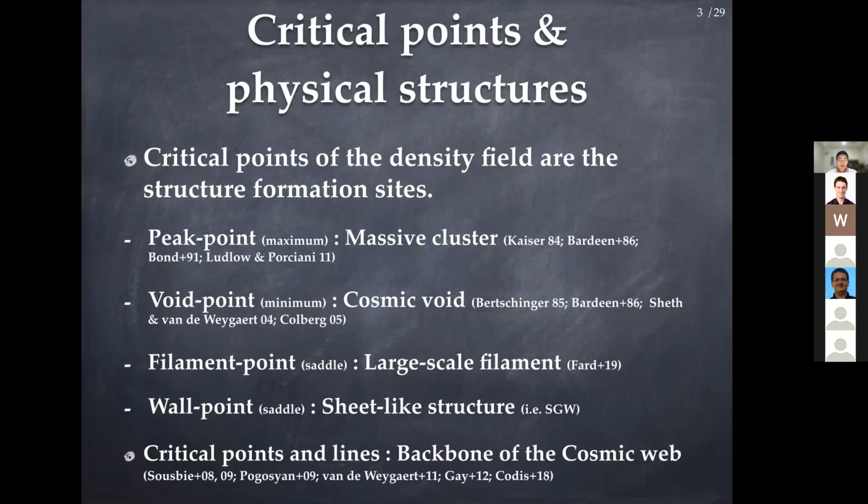So these critical points, and the lines joining these points, are the backbones of the cosmic web. So studying the clustering properties of critical points will not only let you learn about the initial topology of the density field, but also about the clustering properties of such large-scale structures.